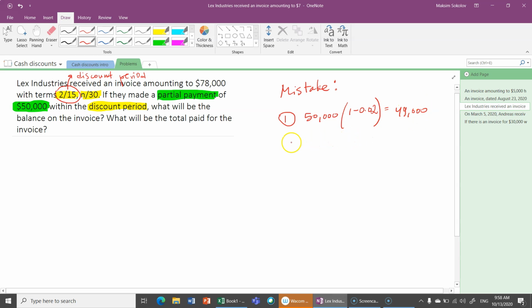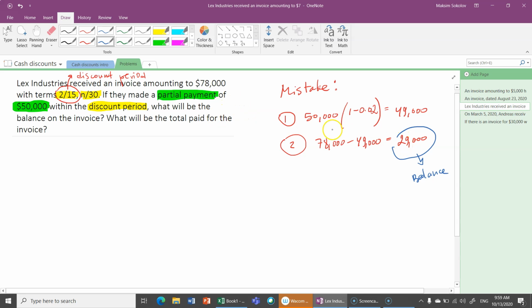And the balance on the invoice, therefore, in this mistaken calculation would be 78,000 minus 49,000. Somebody who solves it in this mistaken way would say that that's the balance on the invoice, what is remaining to be paid.